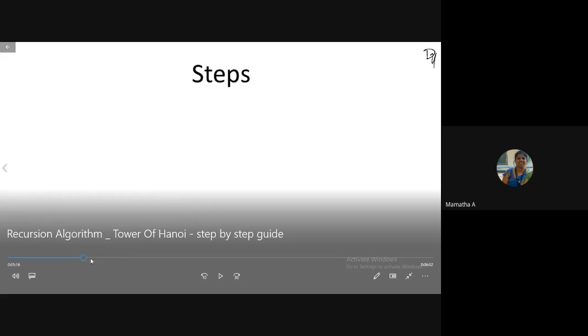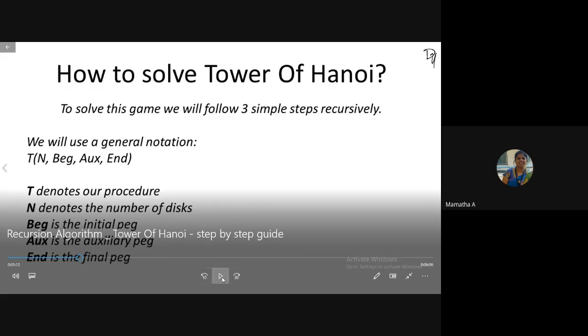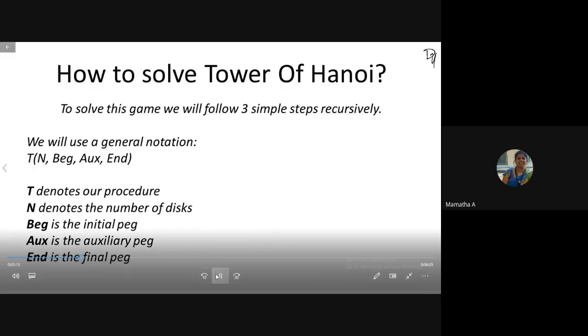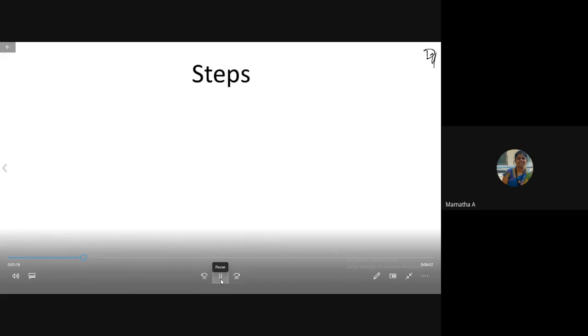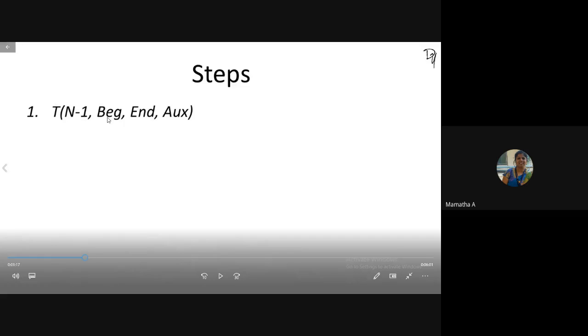Similarly, now tell me, how many discs should I transfer next? N minus 1 discs. From where? Beginning to auxiliary.